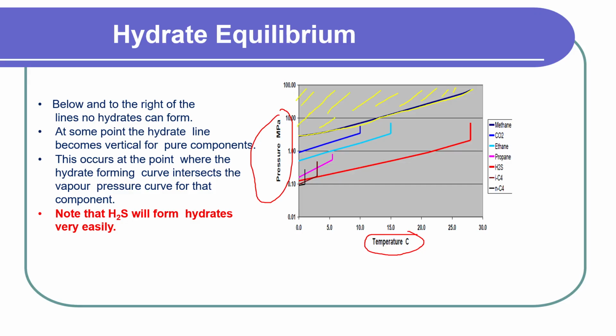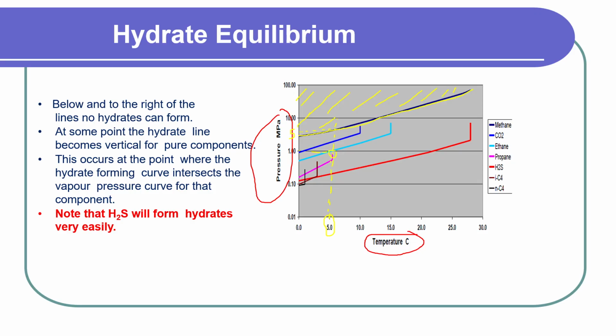So if you have a temperature of 5 degrees Celsius and the pressure is, for example, 1 megapascal, and you have the gas which is CH4, the hydrate will not form in this condition. At 5 degrees Celsius, you need at least 5 megapascal for the hydrate to form if you have CH4.